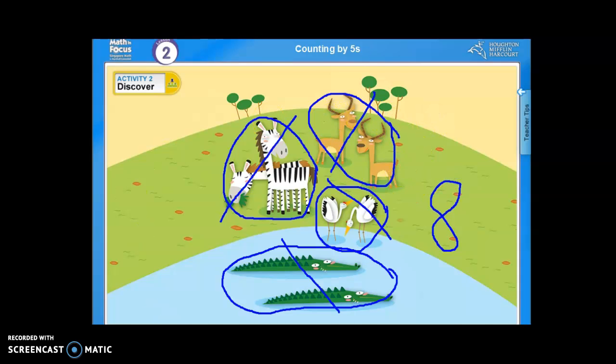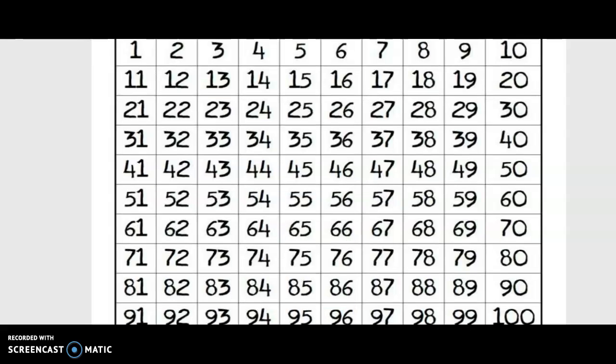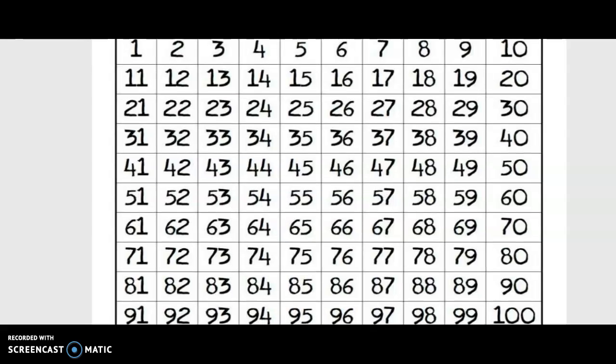All right, boys and girls, so on your hundreds chart, you should have looked at the twos pattern. So we're 2, 4, 6, 8, 10, and then 12, 14, 16, 18, 20, and we skip 1, 2, 1, 2, 1, 2, 1, 2.